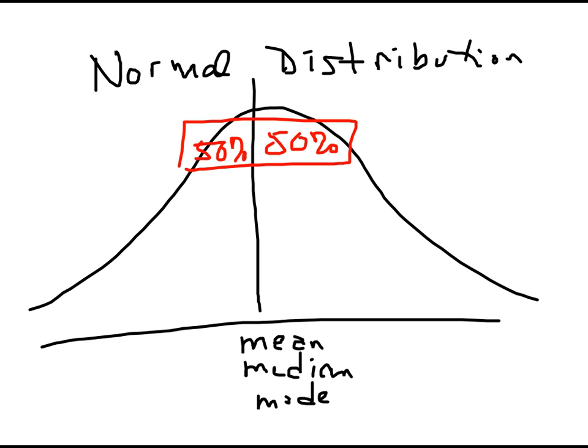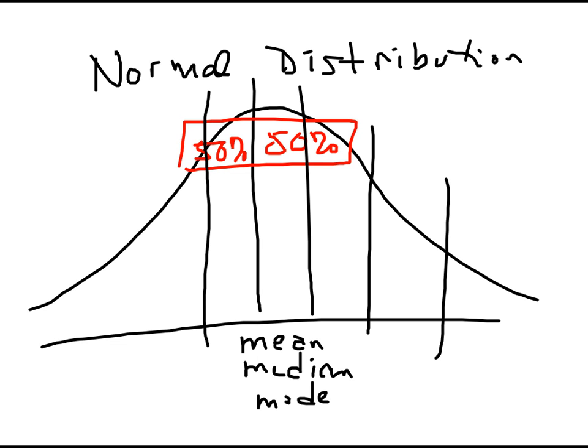In addition to this, we look at how many standard deviations from the mean any item is in our distribution. And so typically, in this normal distribution, we have what's called 1, 2, and 3 standard deviations from the norm.